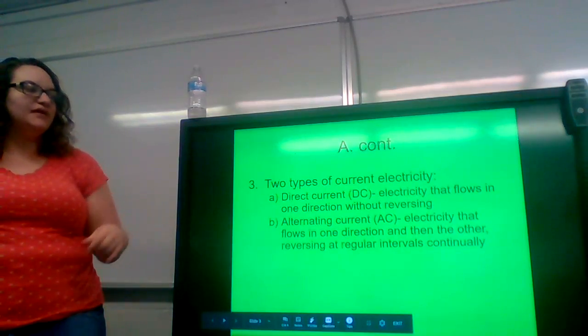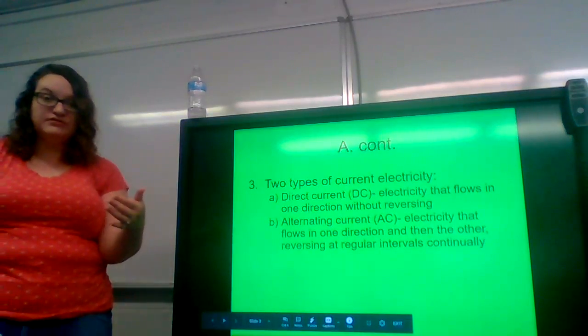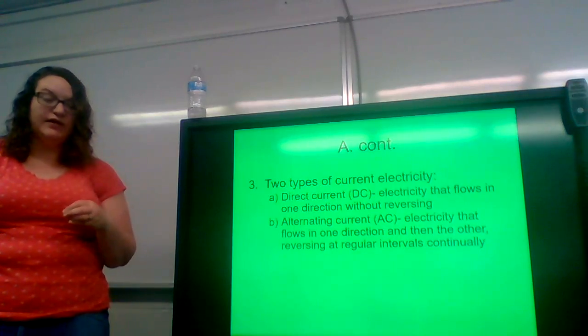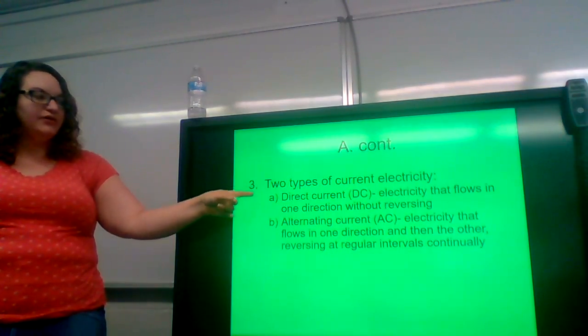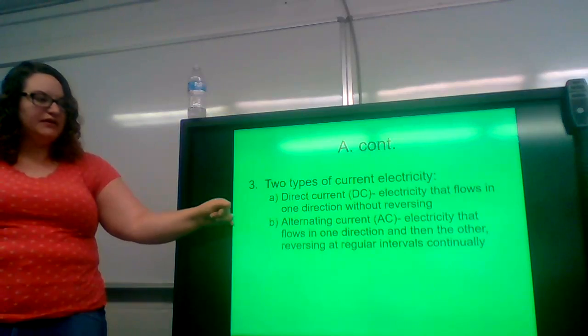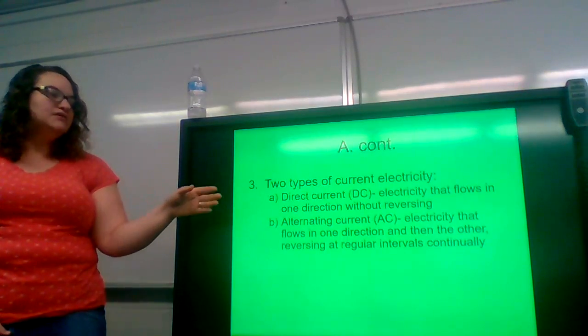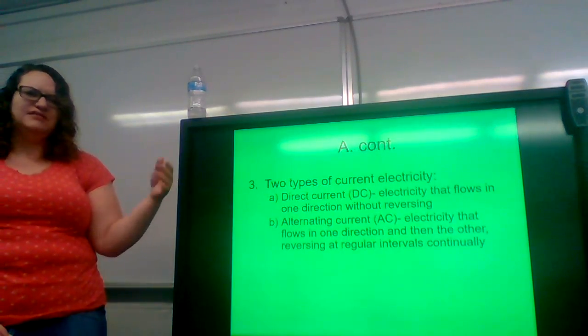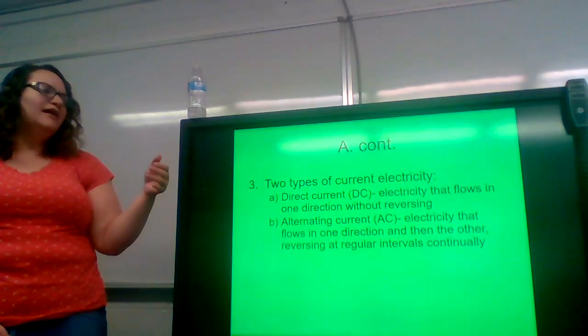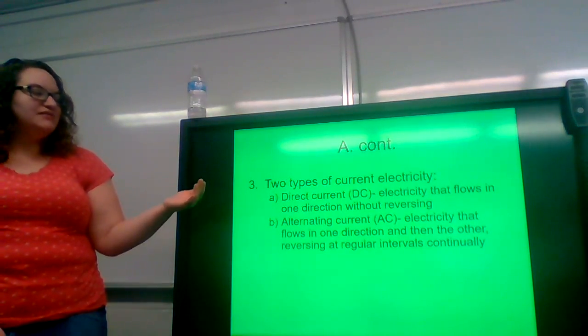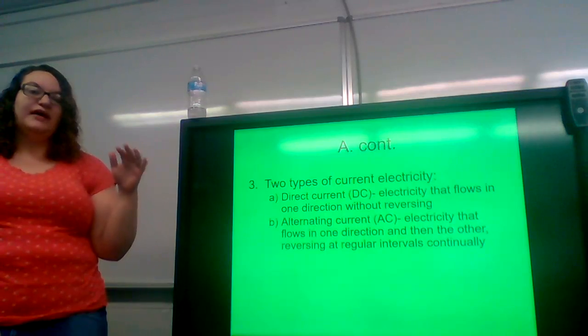Now, there are two types of current electricity. Remember, current electricity is moving electricity, okay? So two types, you have direct current or DC, and you have alternating current or AC. So DC, direct current, this is electricity that flows in one direction without reversing.